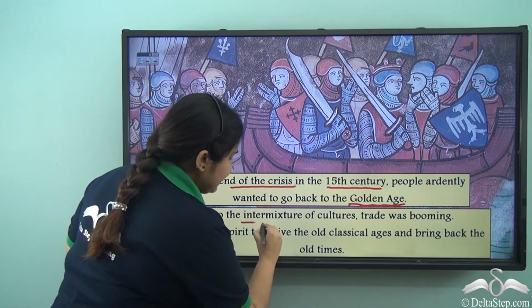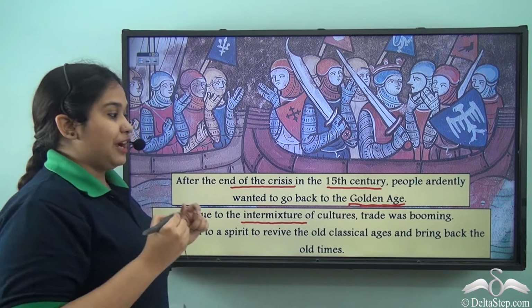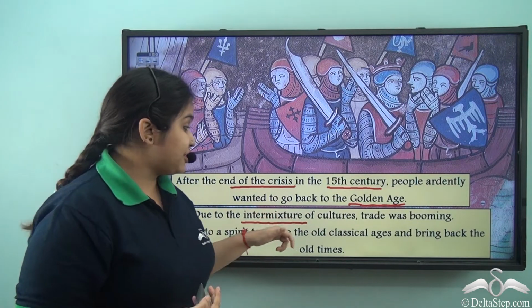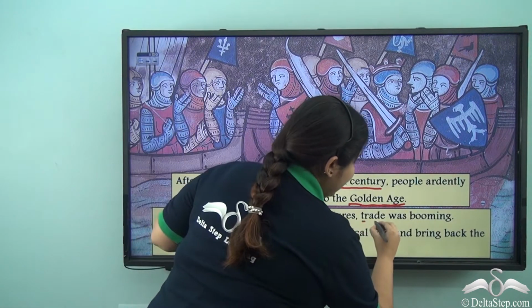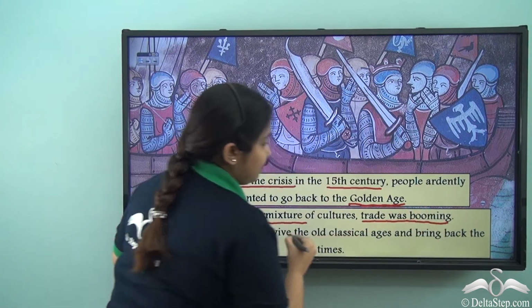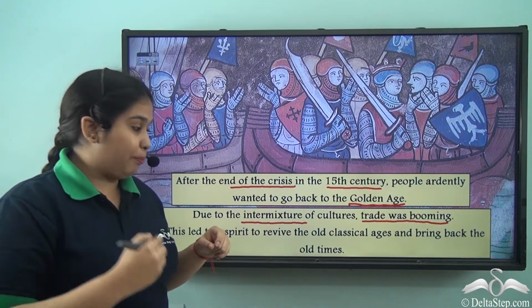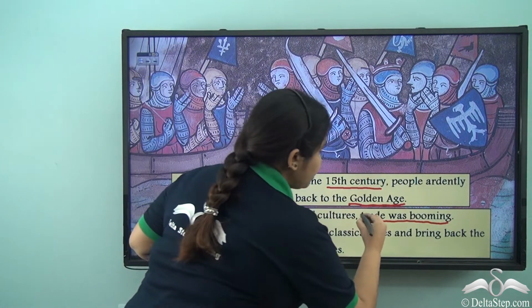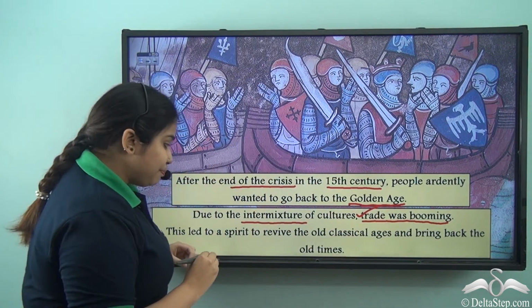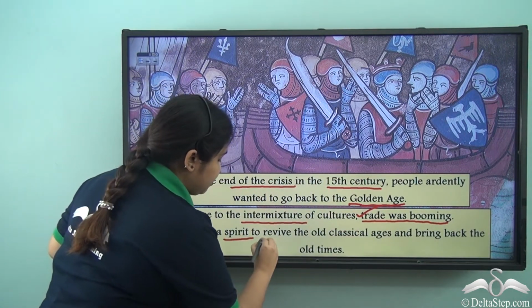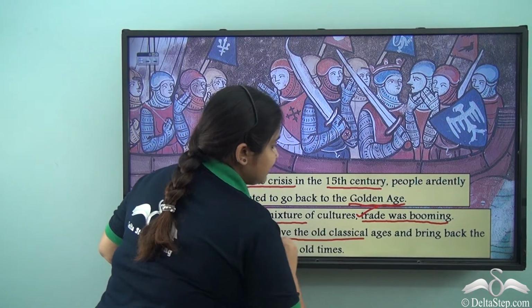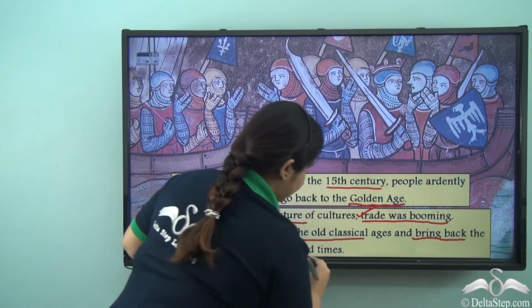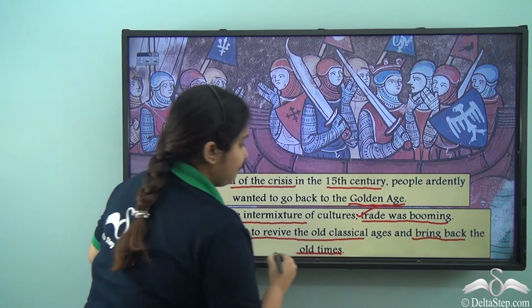Now, due to this intermixture of cultures because of the migration, trade also was booming. As we saw, the trade routes opened up, and because the focus was also shifting to a secondary occupation, we see that the spirit to revive the old classical ages had already begun.